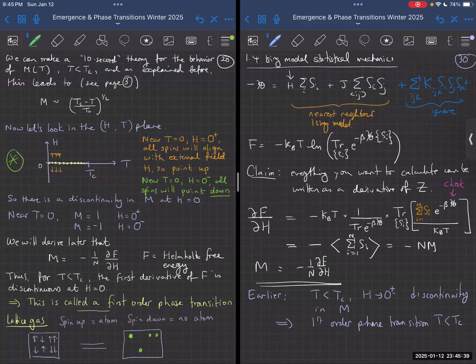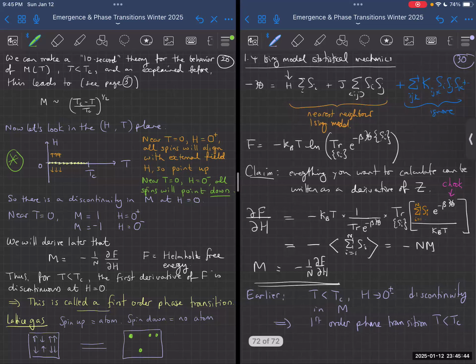Now, let me just make a remark. We saw this was true for T going to 0, but it's also true for T less than Tc. Why? Well, for T less than Tc, there'll be more spins up than down if h is 0 plus, and more spins down than up if h is 0 minus.